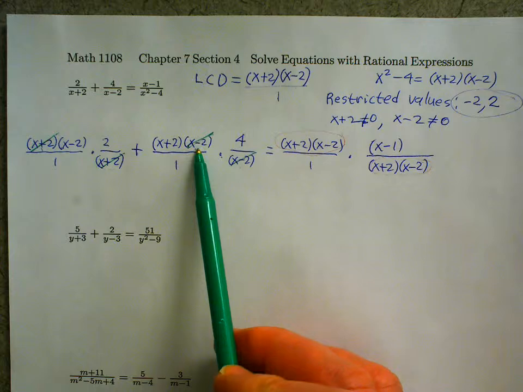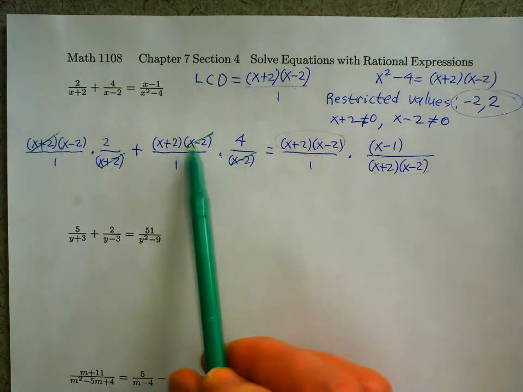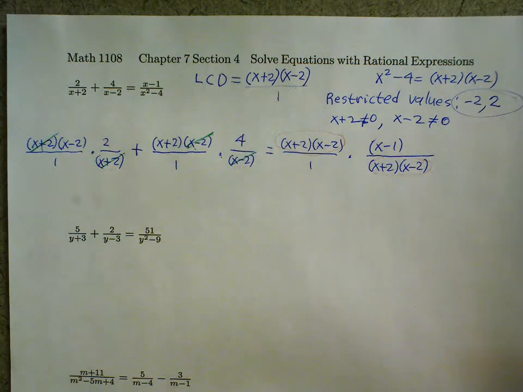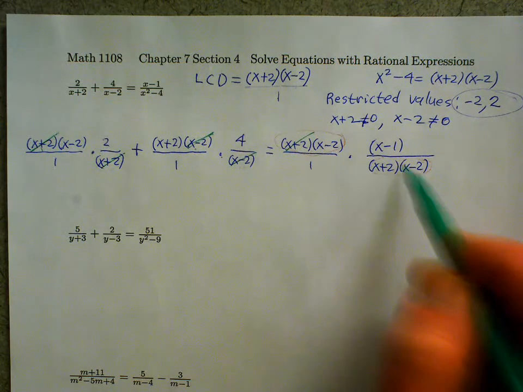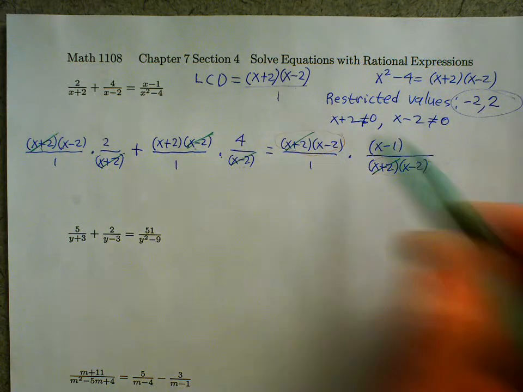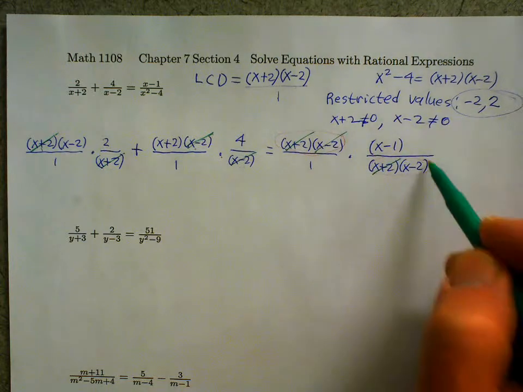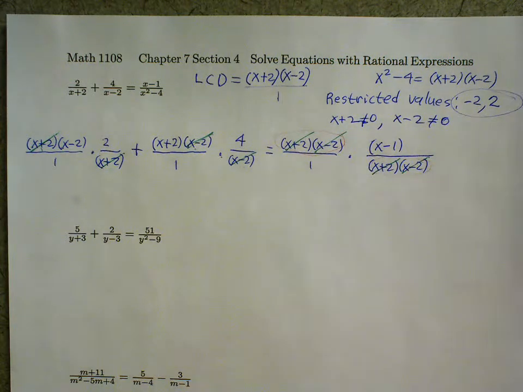One factor from the numerator, the other from the denominator, but they are the same factor. Then on the right-hand side, x plus 2 divided by x plus 2 equals 1, and x minus 2 divided by x minus 2 equals 1.